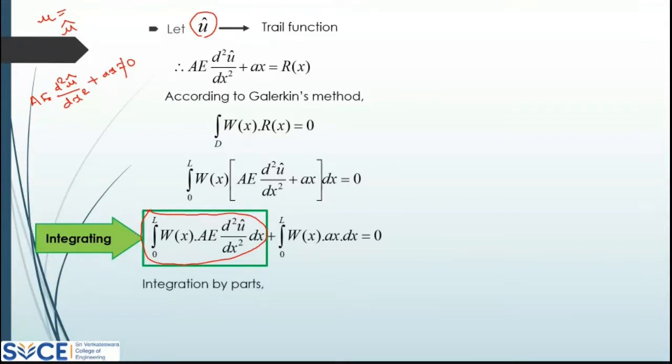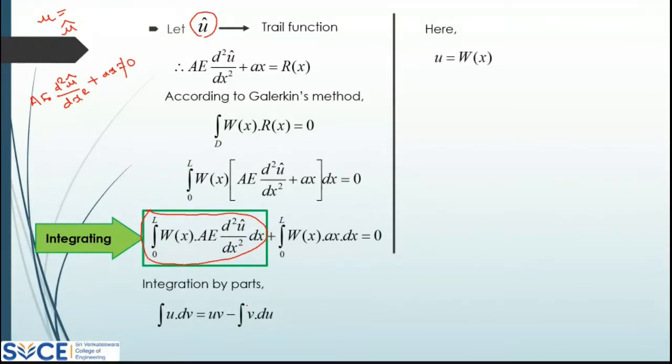This is my formula for that integration: integral u dv is equal to uv minus integral v du. I consider u as w of x and dv as AE d square u cap by dx square. What terms do I require? I need v and du. U is already here and dv is here.